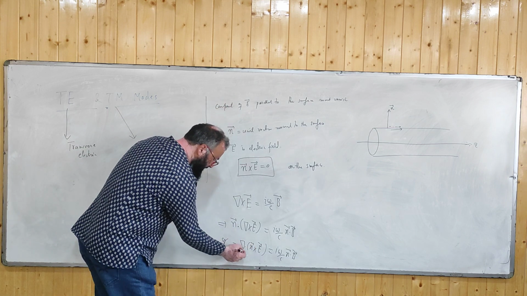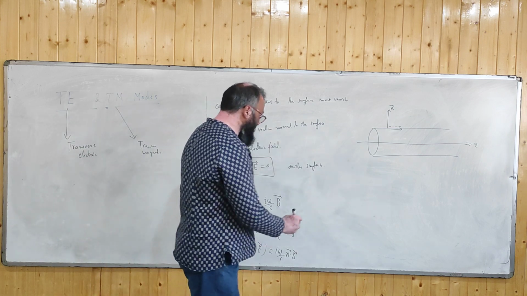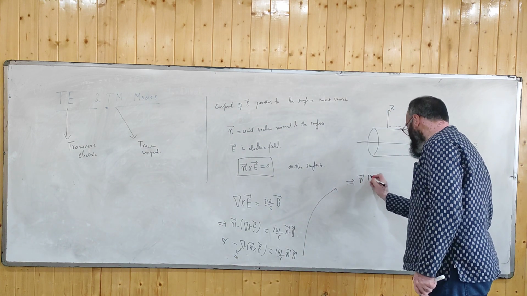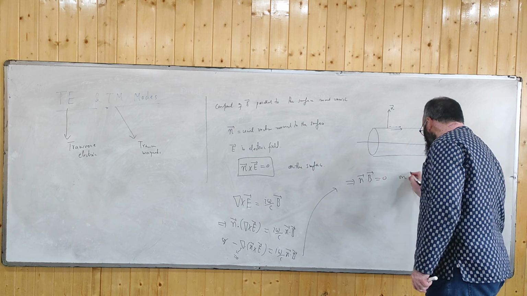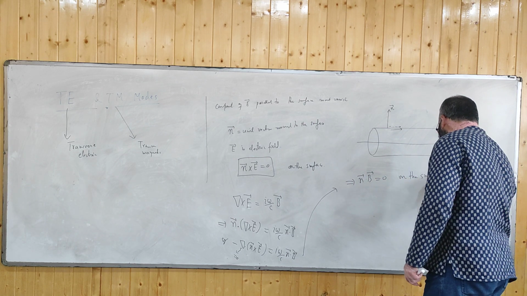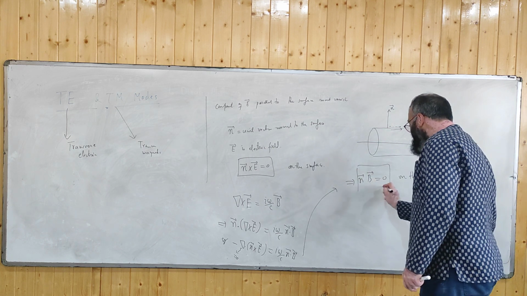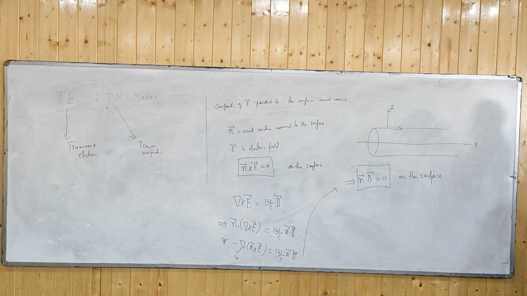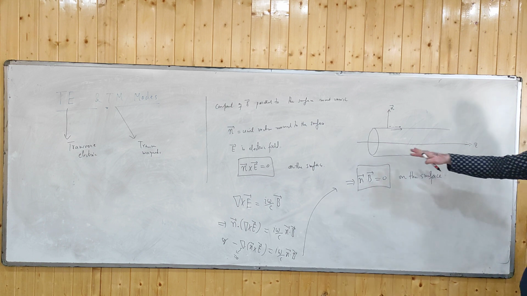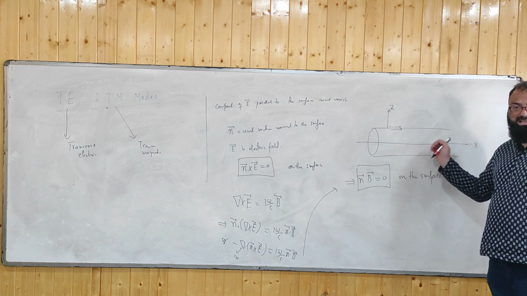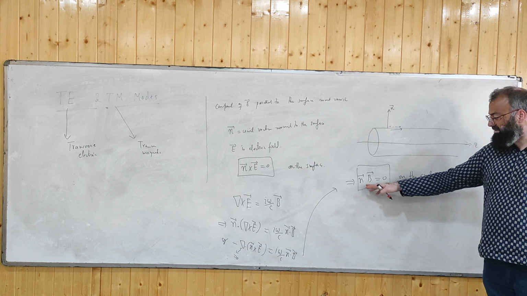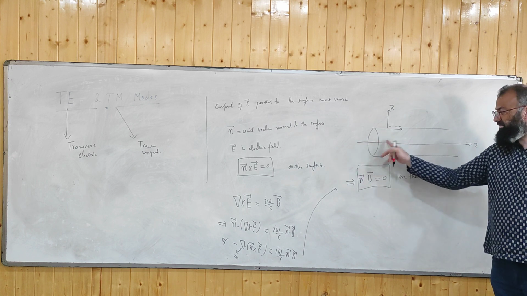So this object is equal to 0, which implies n dot B is equal to 0 on the surface. So that means B is transversal to n, B is orthogonal to n. That means B is flowing along this very region of the conductor. Since n is a perpendicular vector, B has to be in this direction.